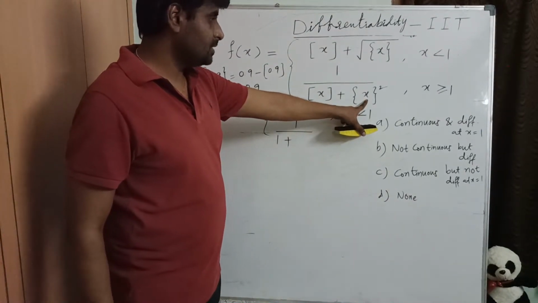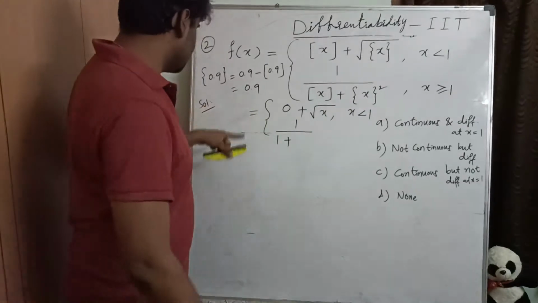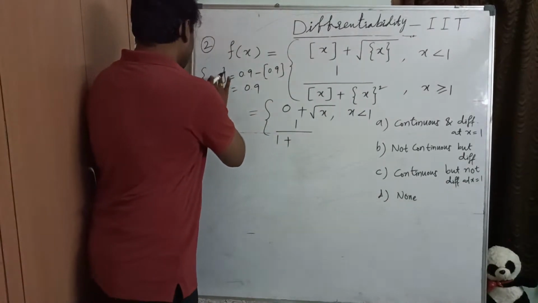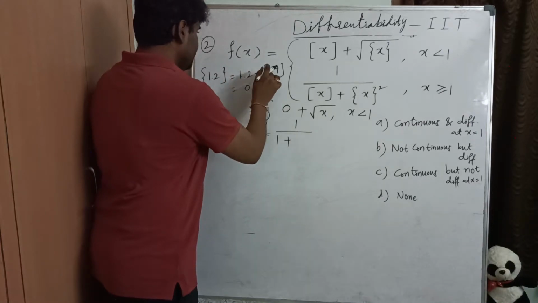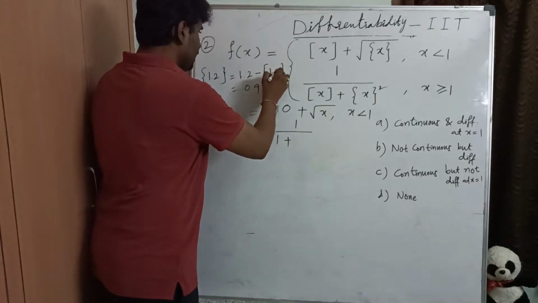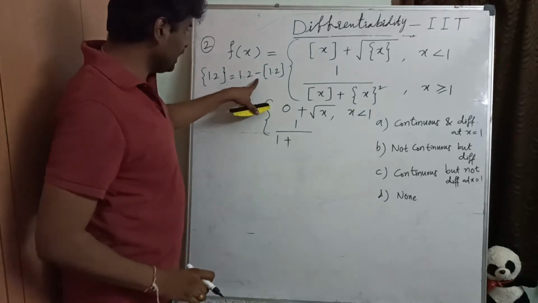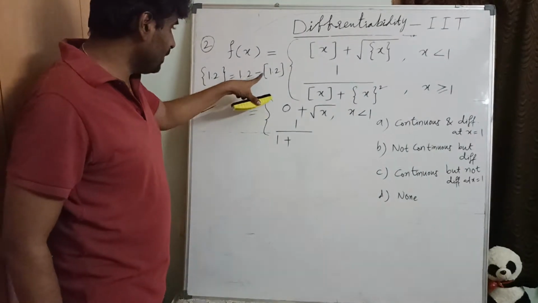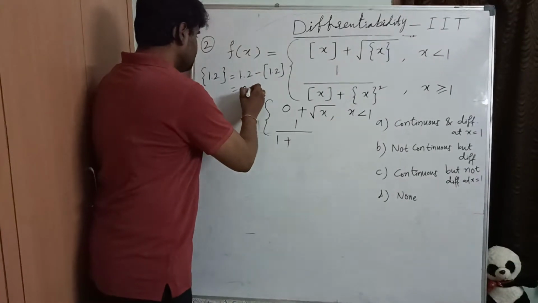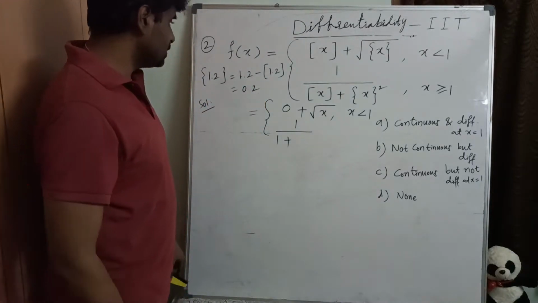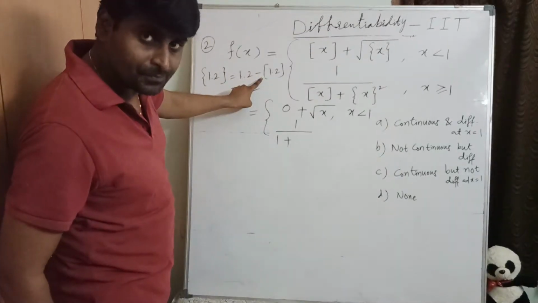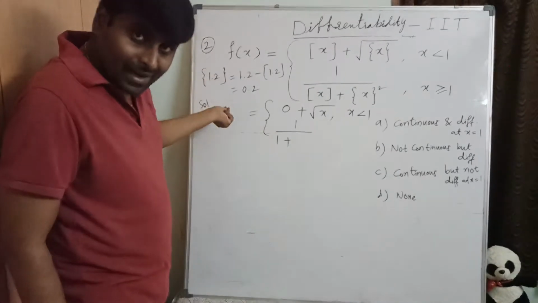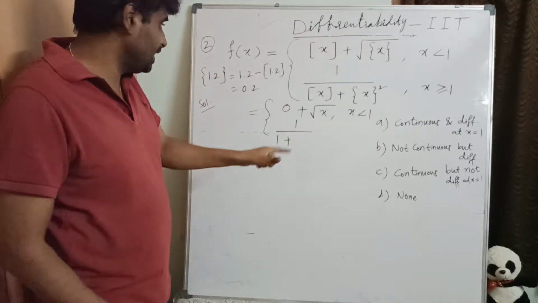Now fractional part of 1.2: 1.2 minus step of 1.2, 1.2 minus 1, 0.2, correct? 0.2 means 1.2 minus 1 only, that value minus 1, correct?